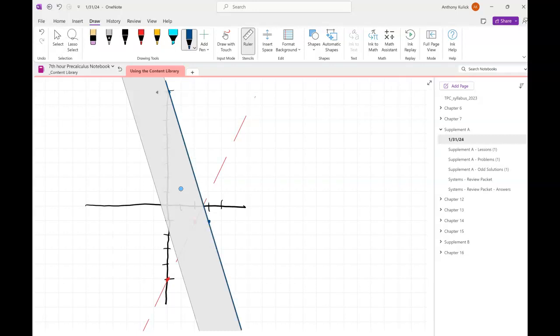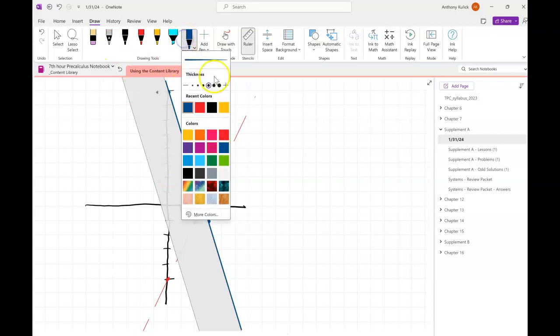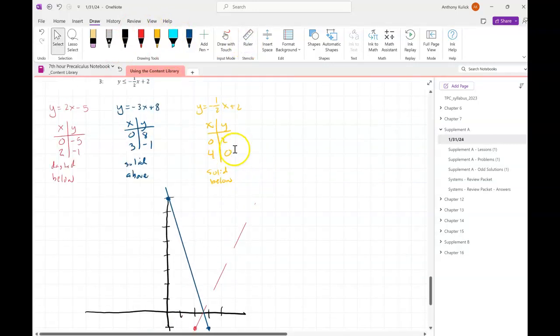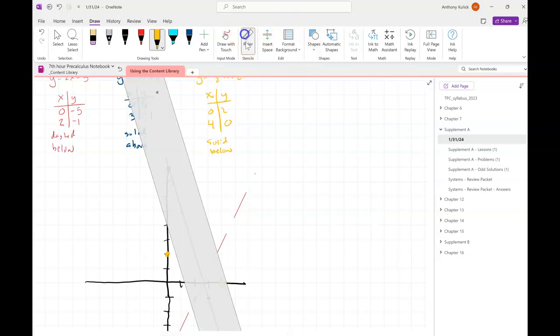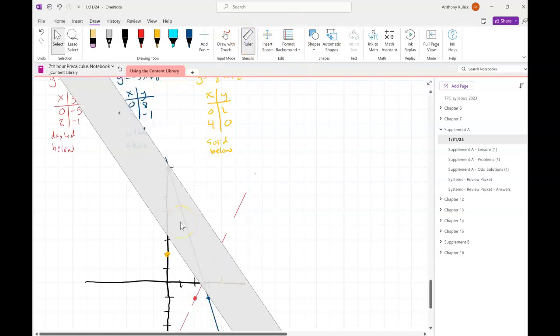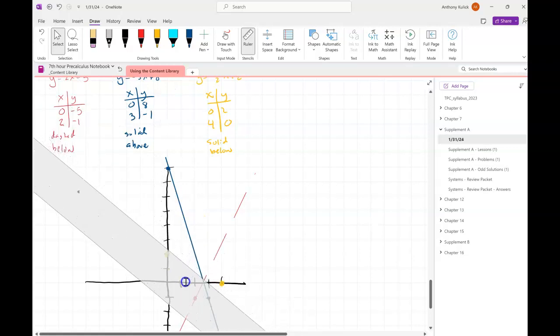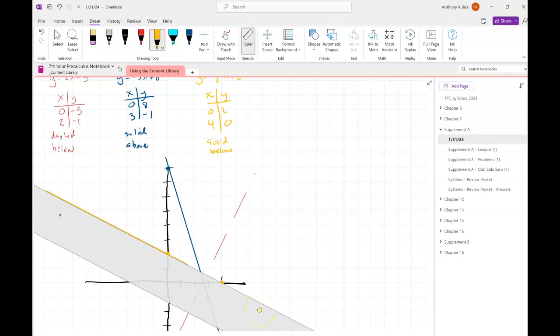Solid line. Okay. Ruler go away. Then 0, 2, and 4, 0. Draw that. All right.